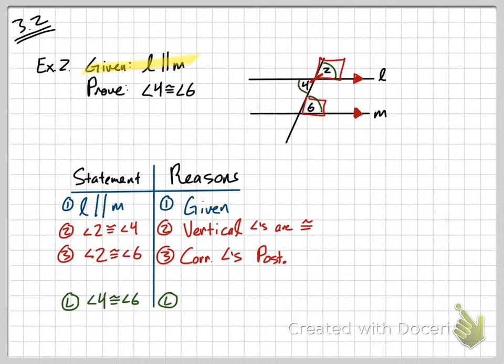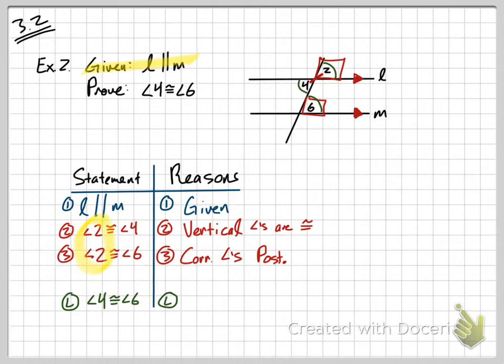Now that's all the evidence we can gather from our diagram. Now we want to look at our statements and see what we can do in order to prove, get that guilty verdict there, of angle 4 is congruent to angle 6. And one of the things that I hope you're seeing, we have angle 2 being used twice.